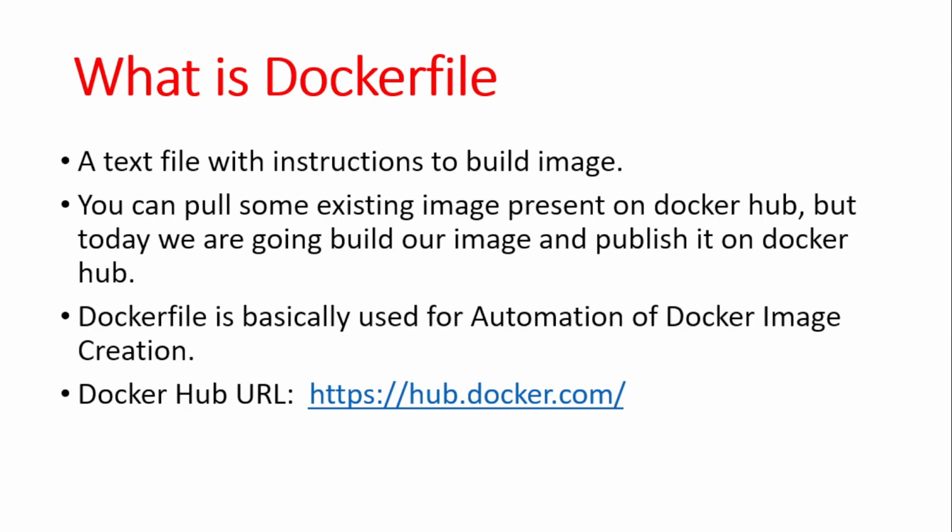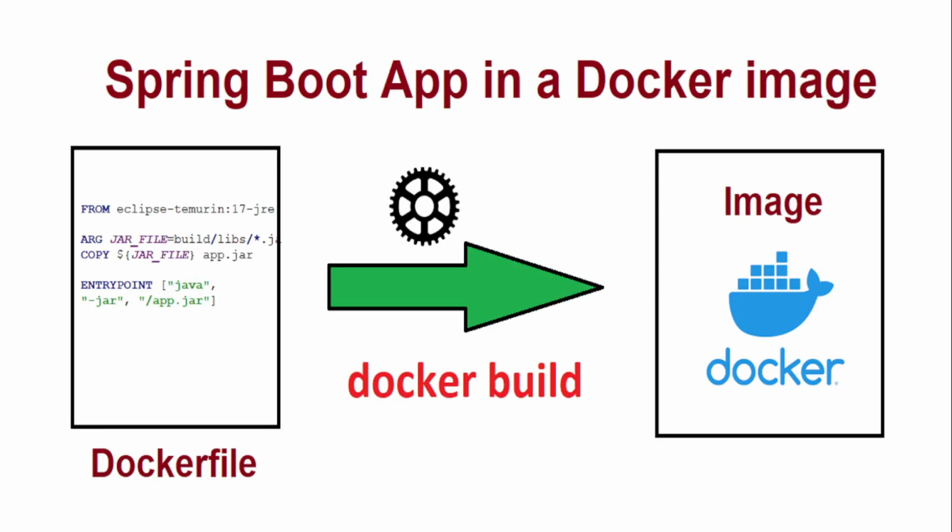It is just a text file with the instructions to build the image. Let me show you the file structure. If you see here, this is the Docker file, which contains certain commands or instructions, using which Docker understands what it has to perform to build the image.